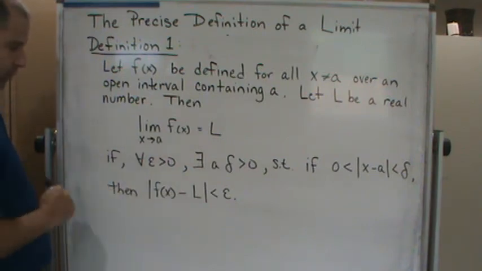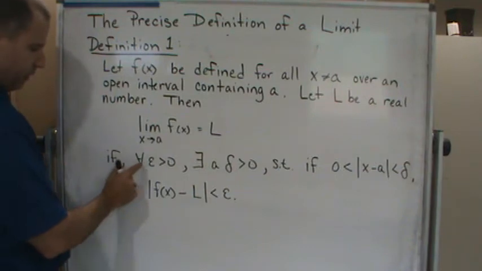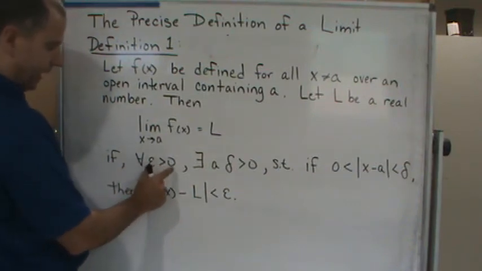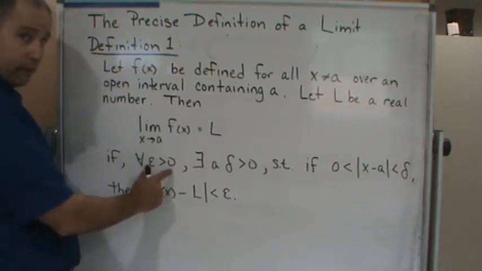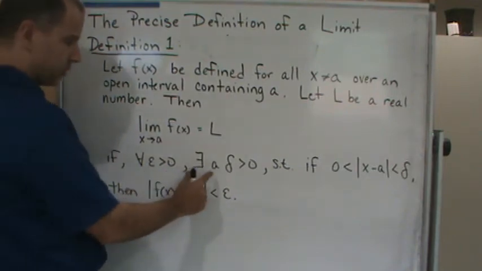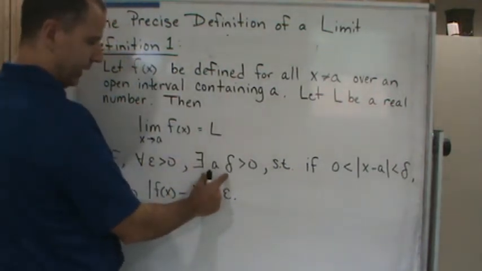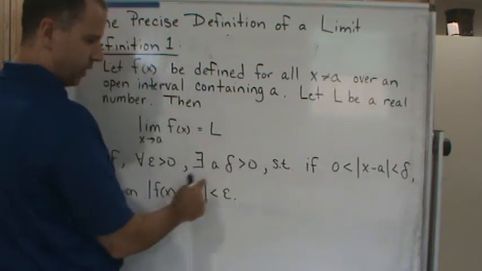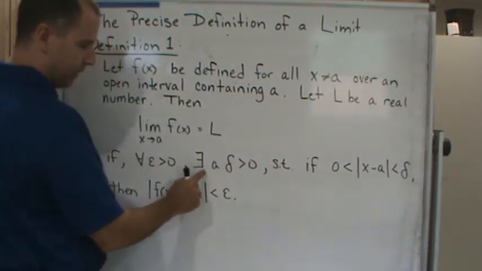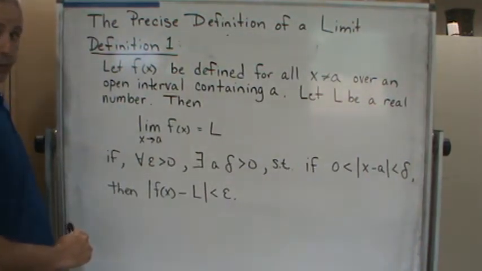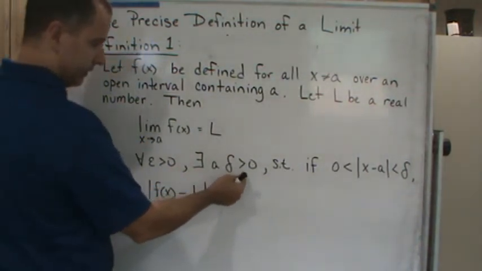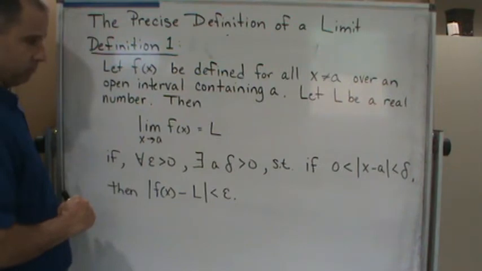So what this is saying is that for any epsilon greater than 0, for any positive distance between the function and L, there's also going to be a delta that's greater than 0. In other words, there's going to exist a distance between x and a that's going to be positive.